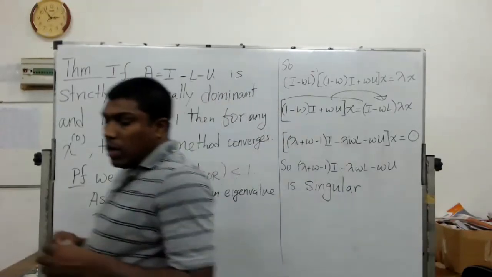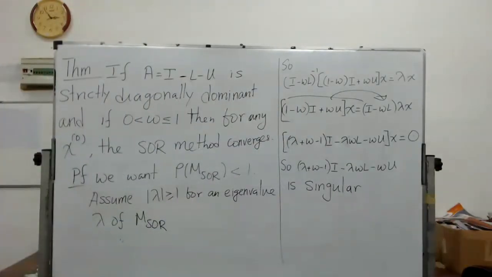So what is the conclusion we have? The matrix lambda plus omega minus 1 times I minus lambda omega L minus omega U is a singular matrix, right?